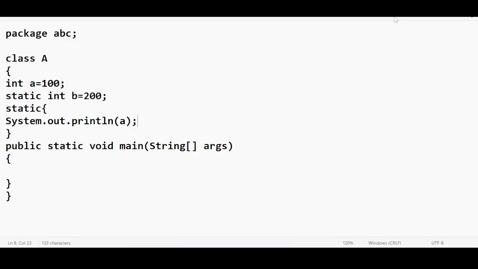Why is this happening? Theoretically, why we get this kind of error is very simple, guys. Inside the static block we are trying to access a non-static variable. Firstly, the moment we do the compilation and execution, static content is recognized first. Instance variables are recognized later, usually before calling the constructor. We have studied this already.